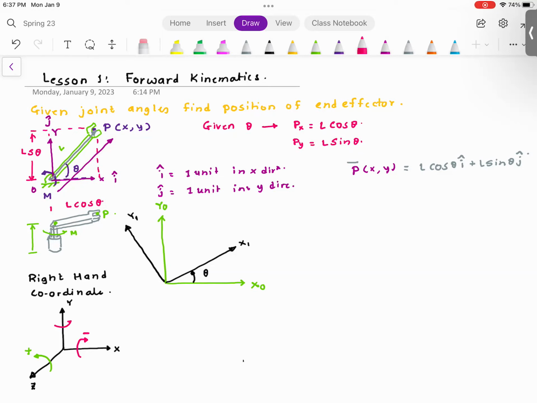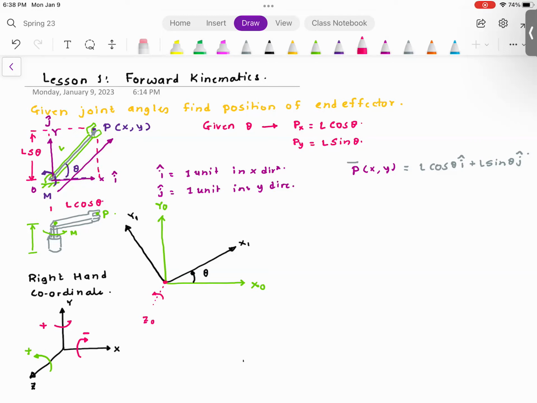Thumb is pointing toward positive Y, which means that rotation is positive. So what I want you to do is, this is my X naught, this is my Y naught. So do we agree that my Z naught is coming over here? And this rotation that I have shown is the rotation about Z naught. So this rotation is positive.